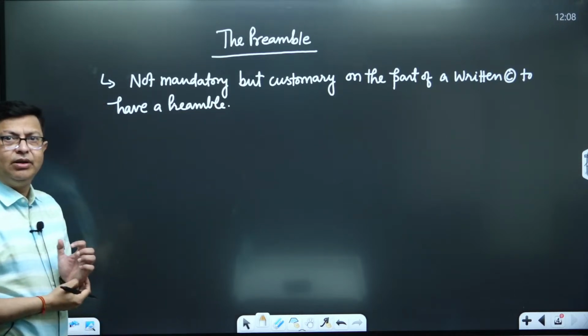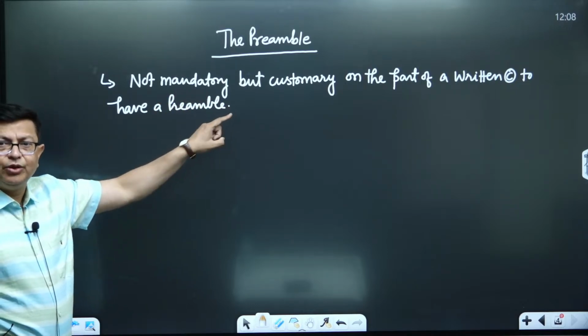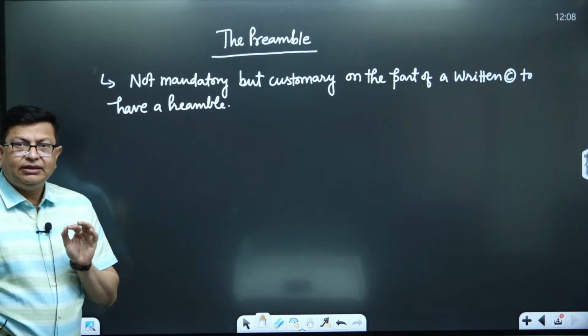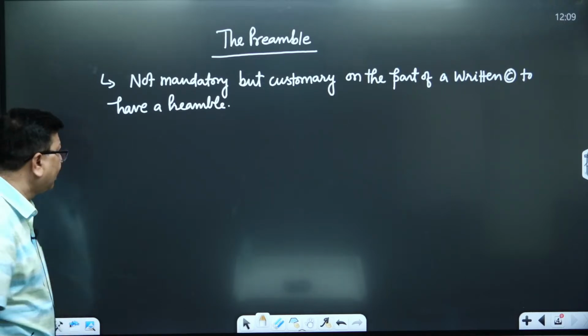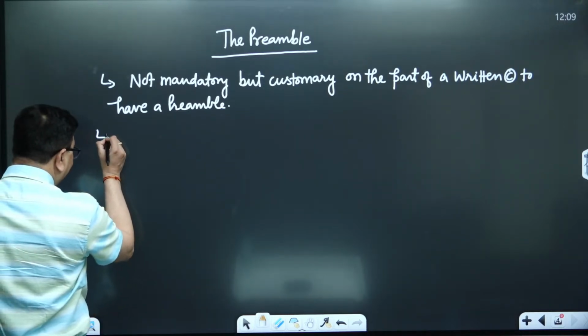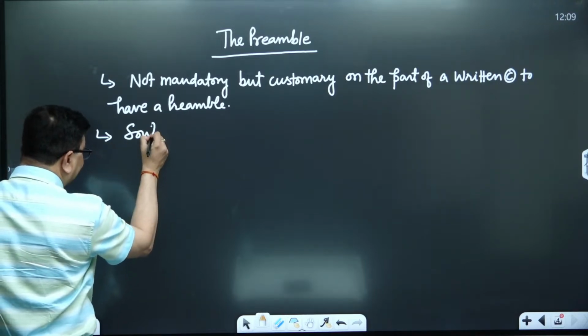Nowhere it has been mentioned that there has to be a preamble of a written constitution. Then the preamble is termed as the soul of the constitution.